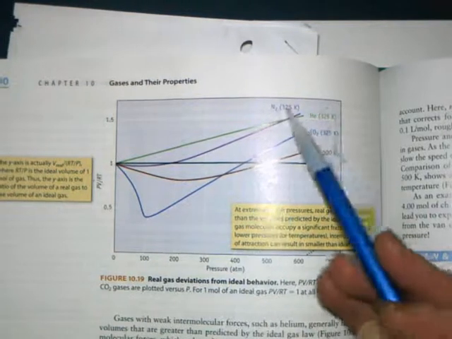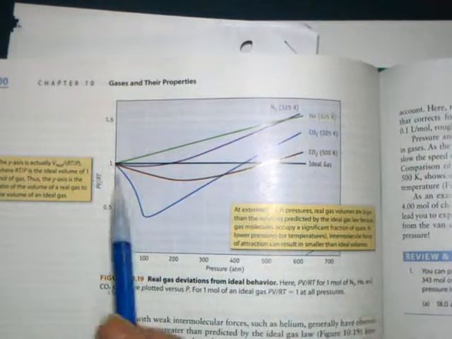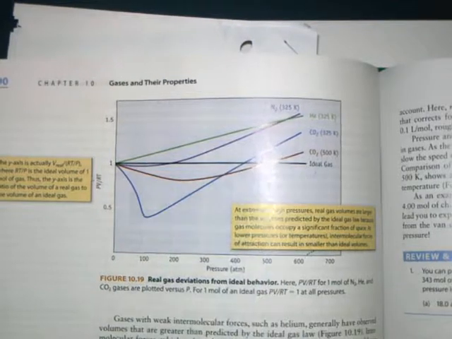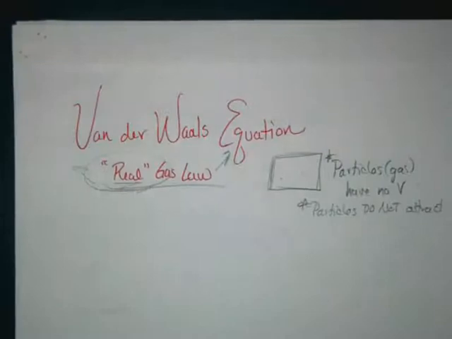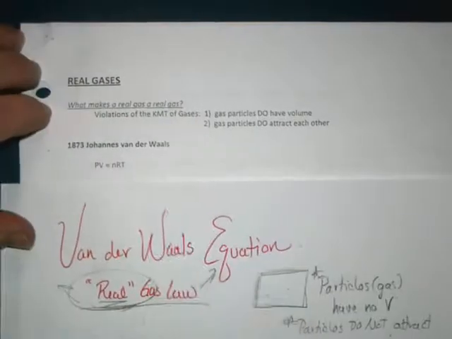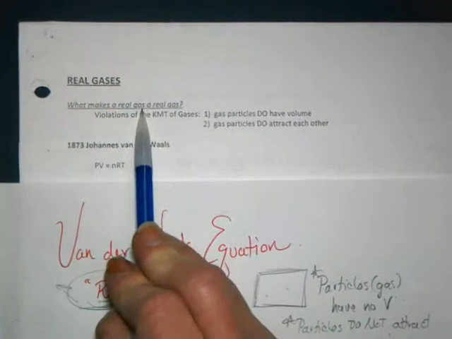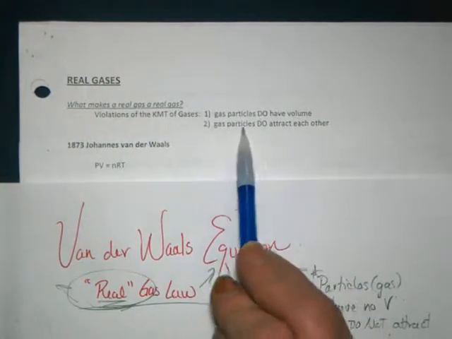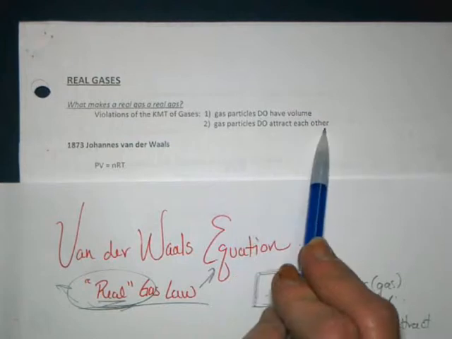However, if we measure real gases, they vary from that nice vertical alignment, mainly because of these two things. So, what makes a real gas is the particles do have volume and the particles do attract each other.